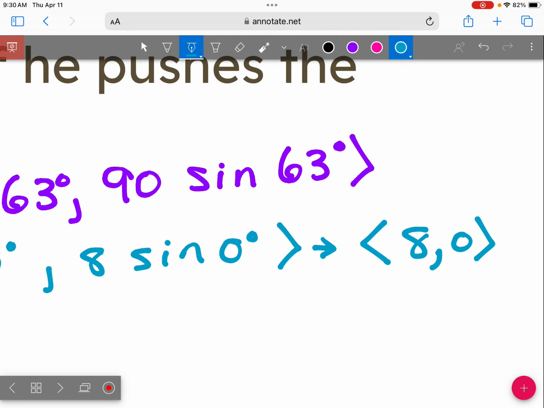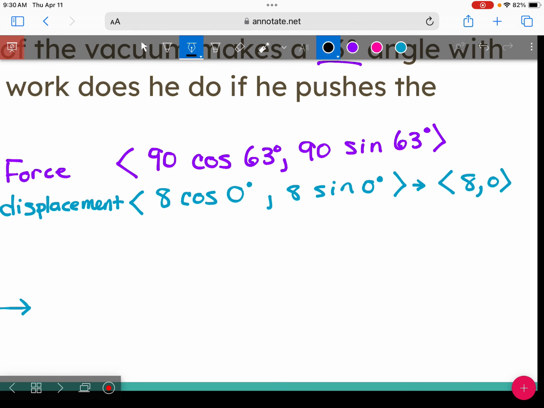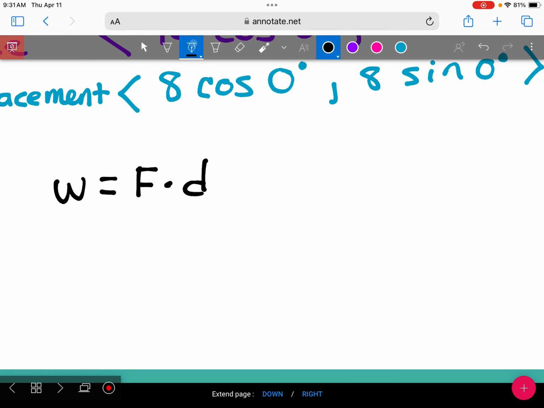So what we're looking for now is his total work. That's using that new formula we had on there, which was work is the dot product of force and displacement. So we're going to do the dot product of these two vectors. So we're going to take and do our x's.